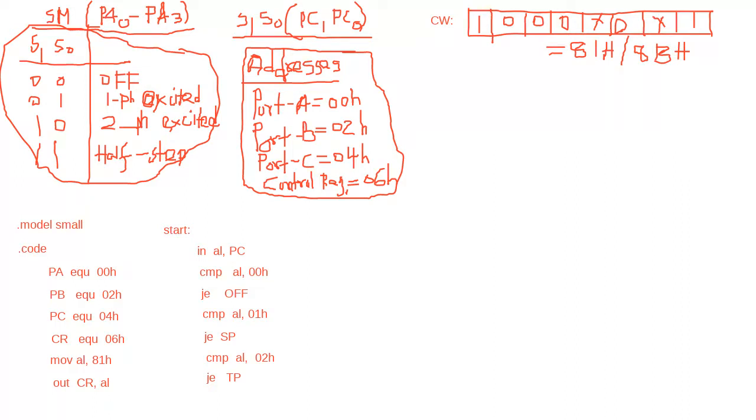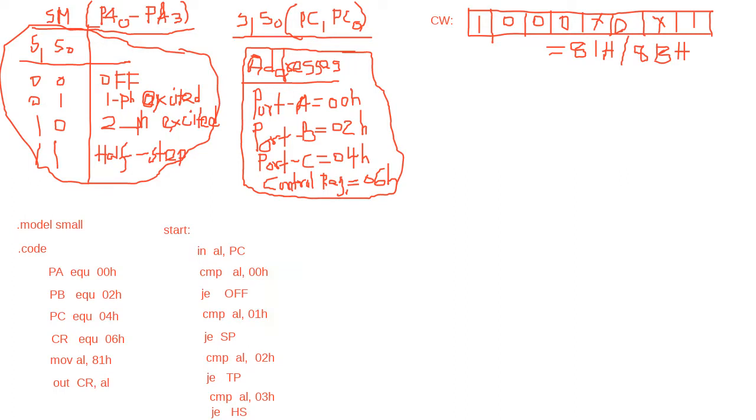If it is equal, jump equal, we'll go to the half step mode, for example, half step mode. Okay, half step mode.